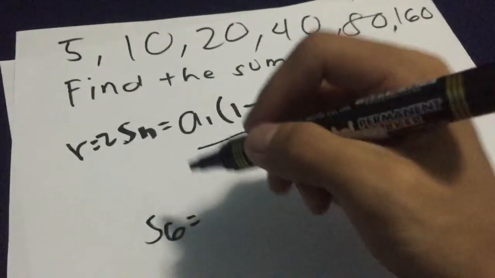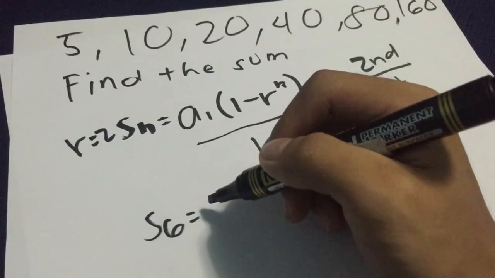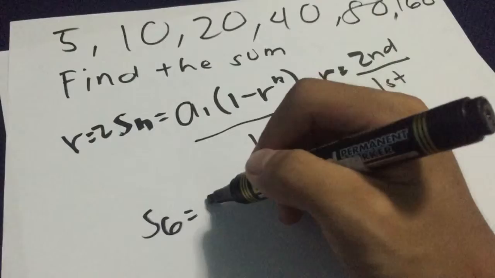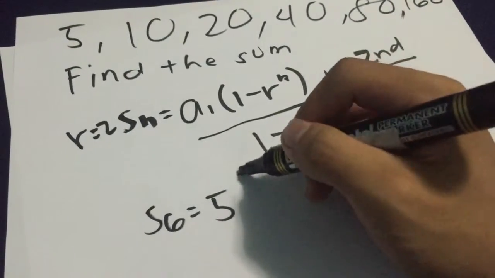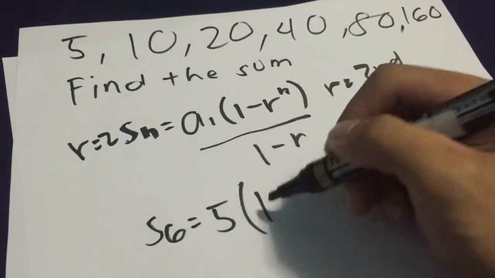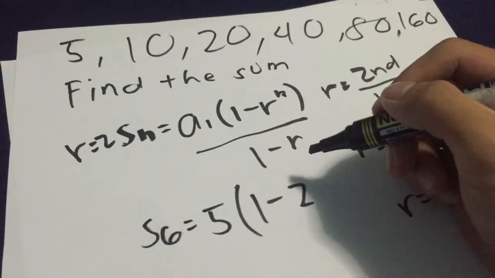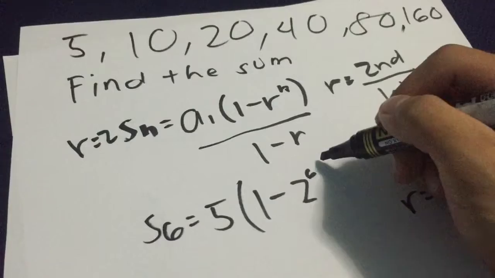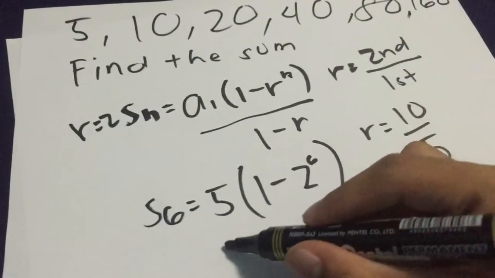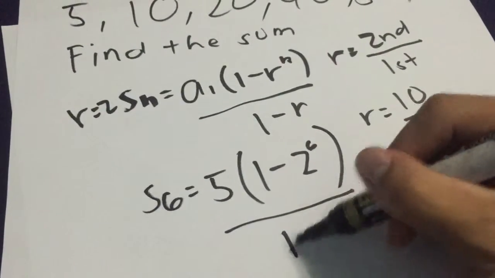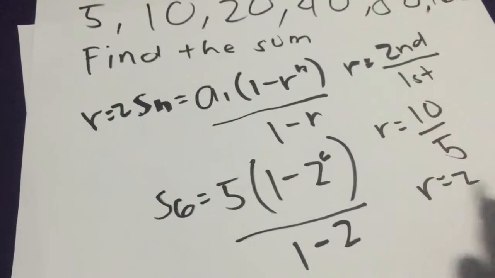So a sub 1, we're going to substitute. So 5 times 1 minus our common ratio 2 raised to the 6th power over 1 minus 2.